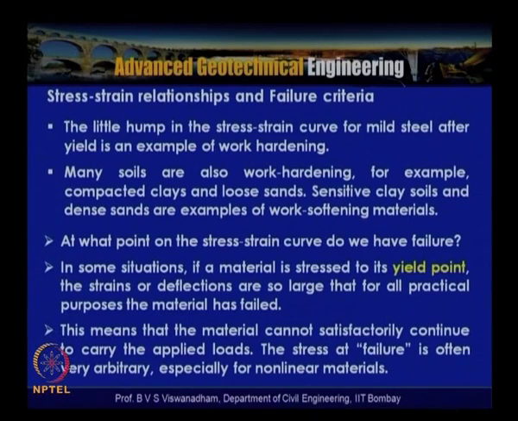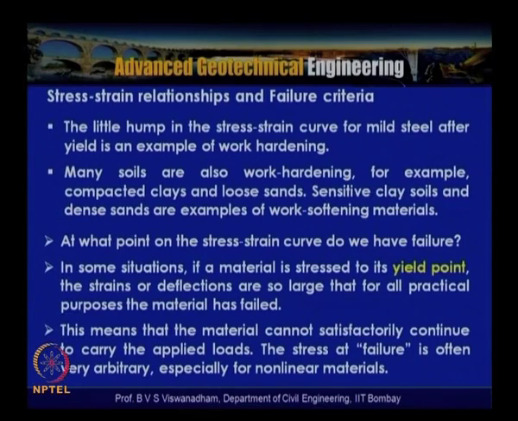So, as we have seen in the previous lecture, the stress strain relationship of a mild steel has a little hump after its proportional limit. The little hump in the stress strain curve for mild steel after yield is an example of work hardening, and many soils also exhibit work hardening.